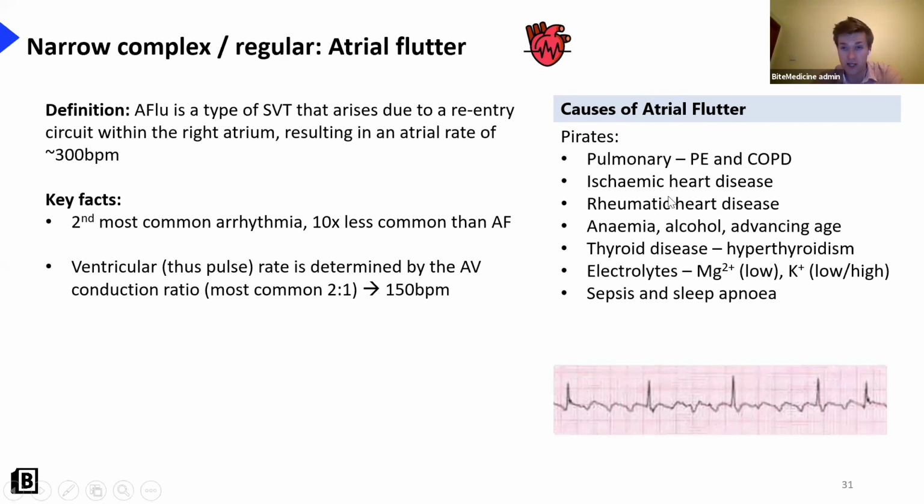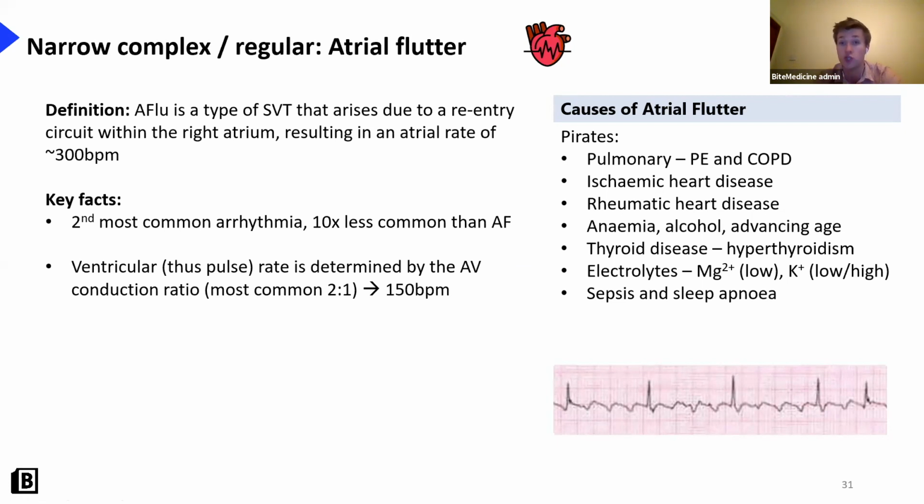So the ventricular rate, the actual thing that's going to determine your pulse rate, is determined by the atrioventricular conduction rate ratio, which is normally about 2:1. This essentially means that your atria are firing at 300 beats per minute, but the communication that's actually getting to the ventricles and causing them to depolarize and contract is 150 beats per minute.